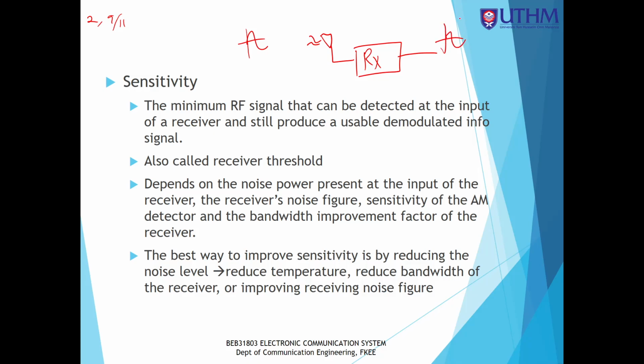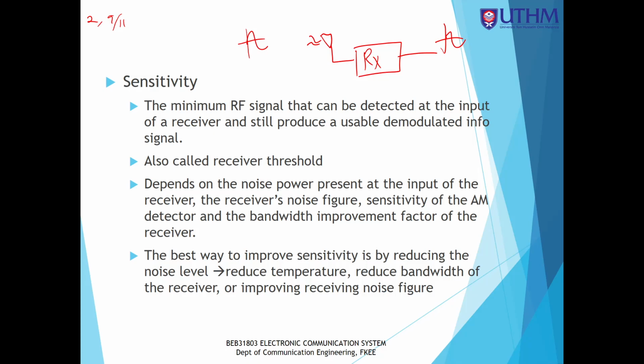So not only to detect the minimum RF signal, but to detect and demodulate with good quality at the output. Dia bukan hanya detect, tetapi boleh juga memproses input yang mempunyai amplitude yang kecil ini menjadi output dengan kualiti yang baik. So sensitivity is also called the receiver threshold.